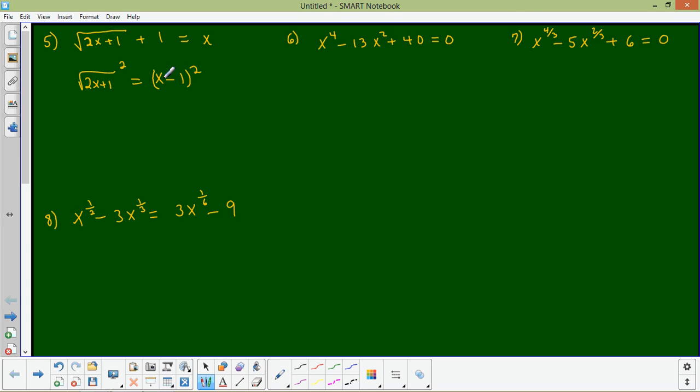Didn't square all the terms, notice. I said square the sides. So obviously on the left, you get 2x plus 1. The radical's been removed. That's the point, right? On the right, it isn't simply a matter of saying x squared minus 1 or x squared plus 1. When you square that quantity, you are multiplying it times itself, right?